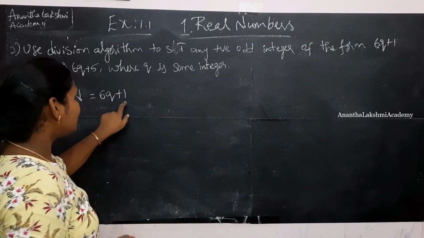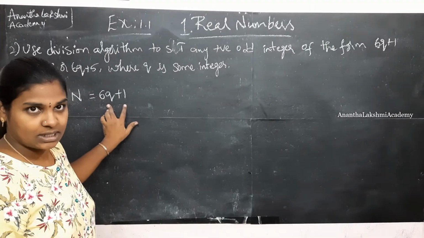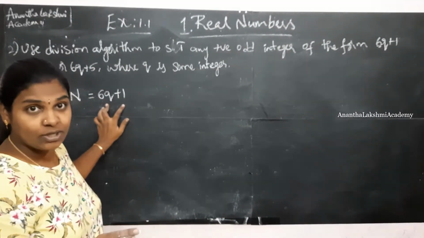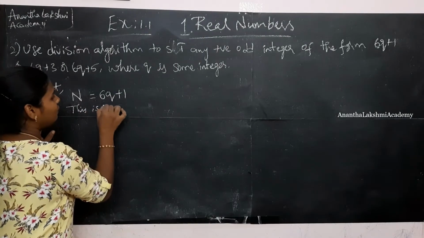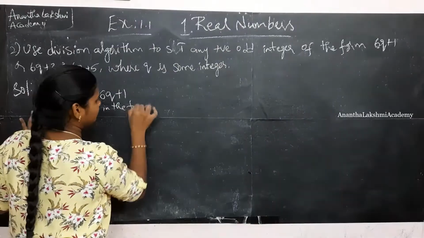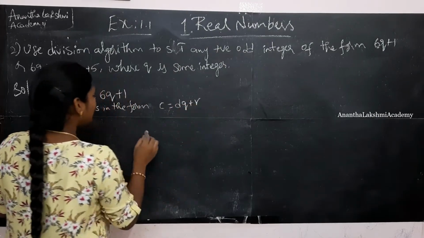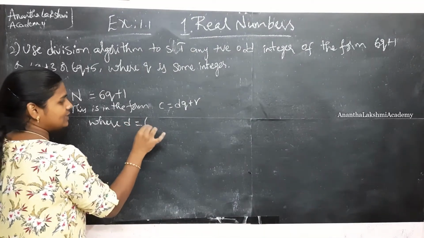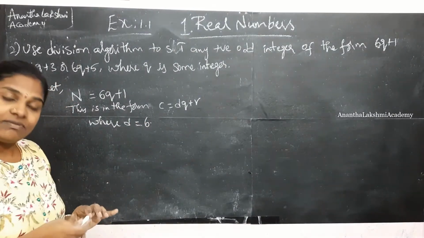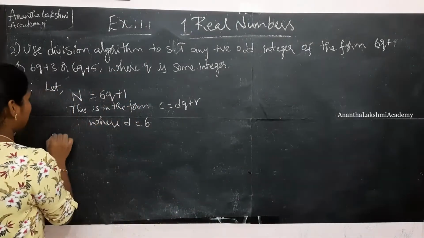When we say that this is in the form of a = bq + r, that is, a is equal to dq plus r, this is our Euclid's lemma. Where, what is the divisor here? d is equal to 6.